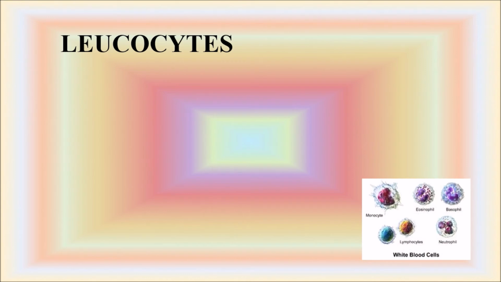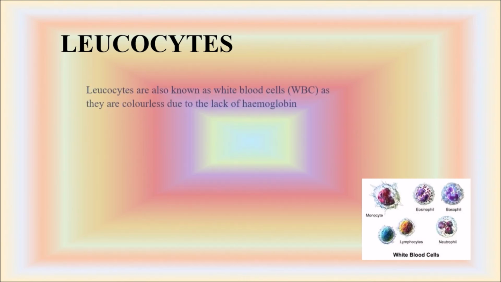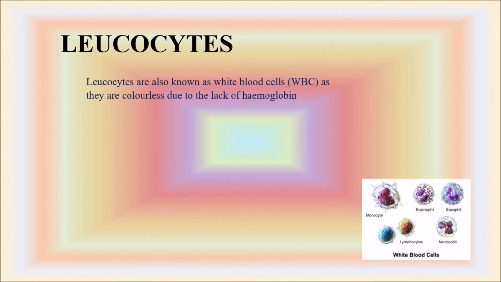Coming to leukocytes. Leukocytes are also known as white blood cells or WBC, as they are colorless due to lack of hemoglobin.